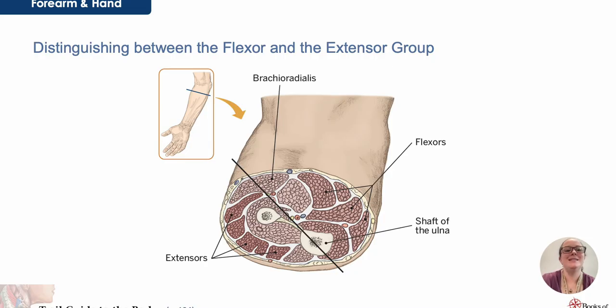All right, this is if I were to cut your arm in half, where the extensors and the flexors are. Now, remember I said they're pretty much on this side and then this side? Yes and no. They're kind of off to the side a little bit. But for the most part, most of your flexors are on the soft part, and the hairy part of your arm is your extensors.